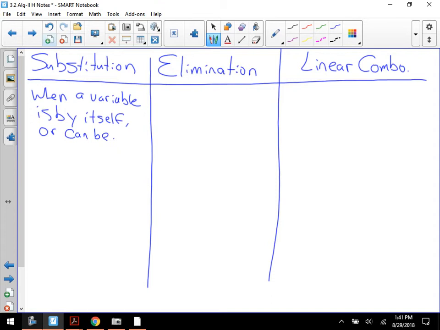Elimination, there were 2 methods for elimination. You could add or you could subtract. Knowing what to do when is the trick. If you have the same coefficient, what's a coefficient?